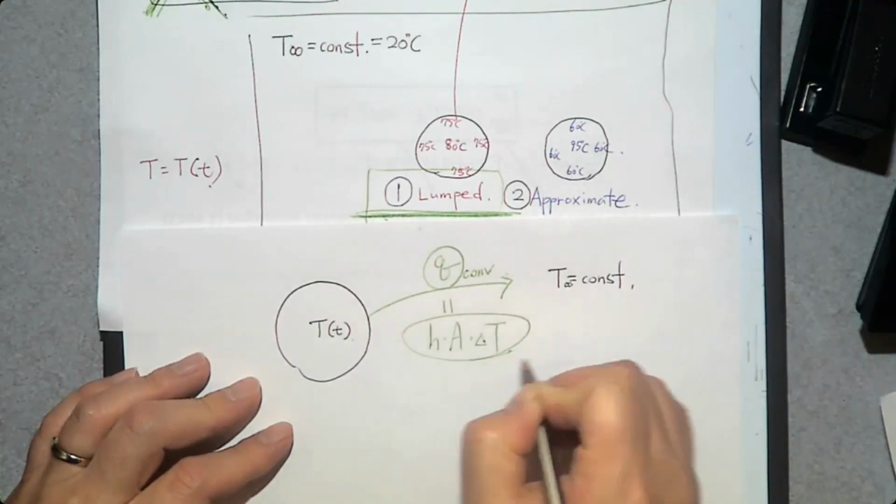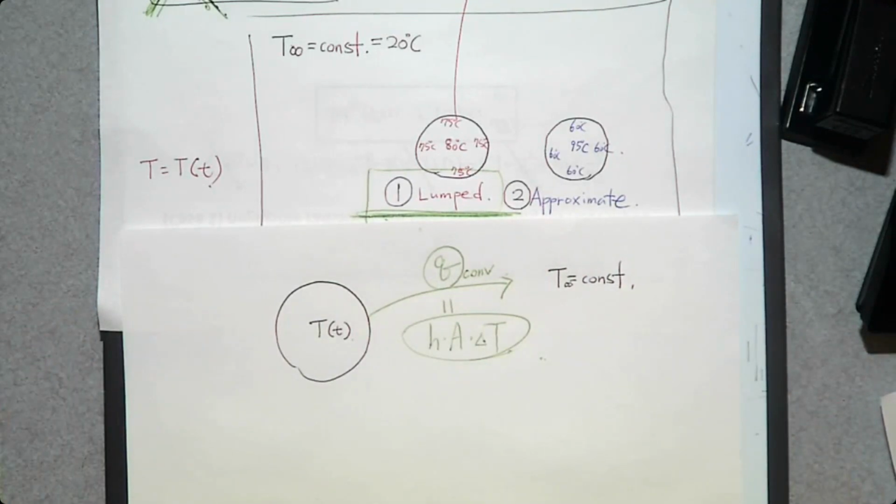Okay. Then this is what happens when we have a lumped system, because we don't care about how the temperature is distributed in the solid, because we assume that it is uniform. When I say 80 degrees Celsius, the center of the solid is 80, the surface of the solid is 80.